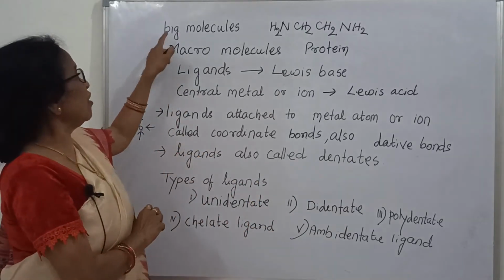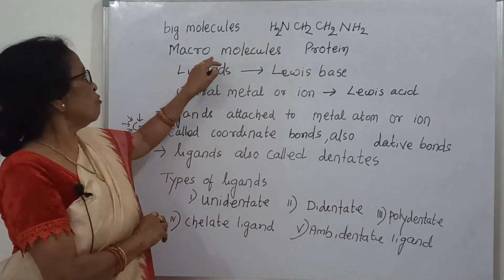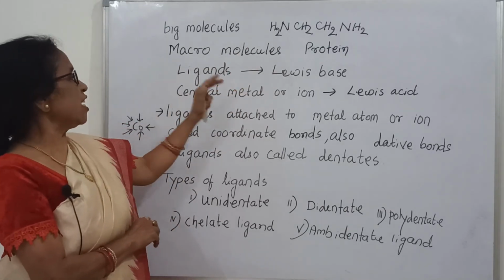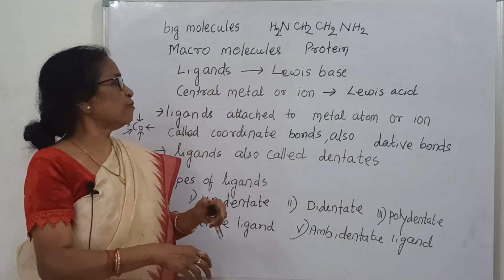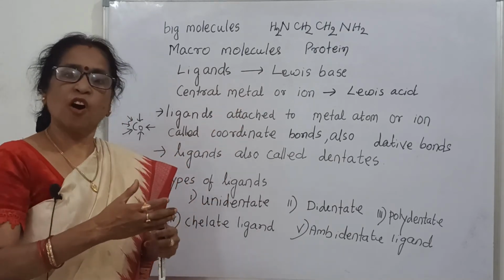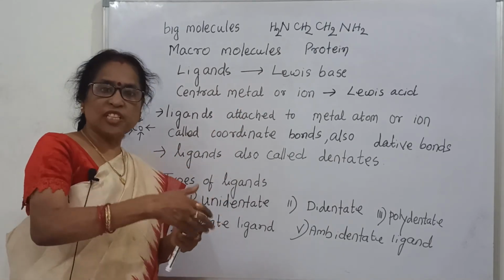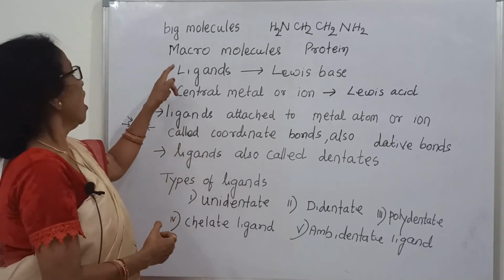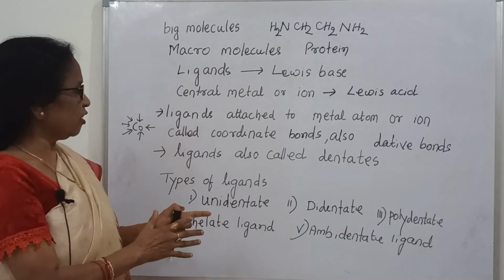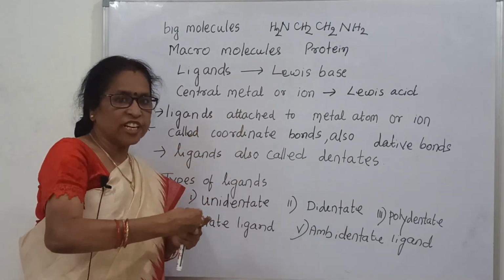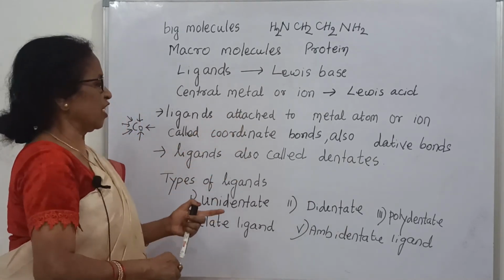Again, there are big molecules like ethylene diamine, and macromolecules like protein. The ligand acts as a Lewis base because it can donate, and the central metal atom or ion acts as a Lewis acid because it accepts from the ligands. Ligands are attached to the metal atom or ion because they donate towards the central metal atom.